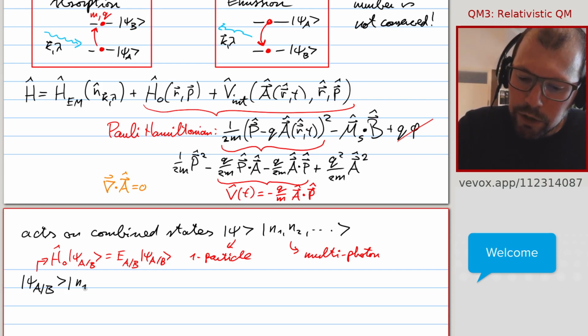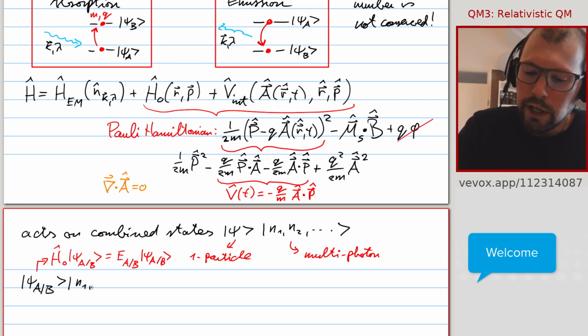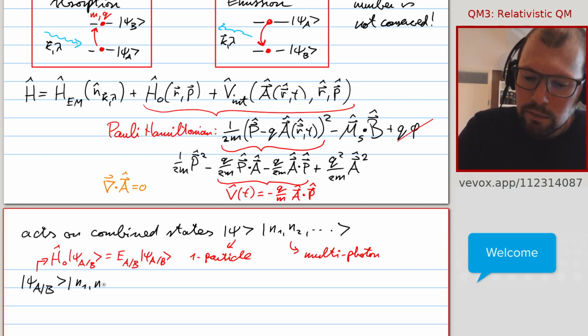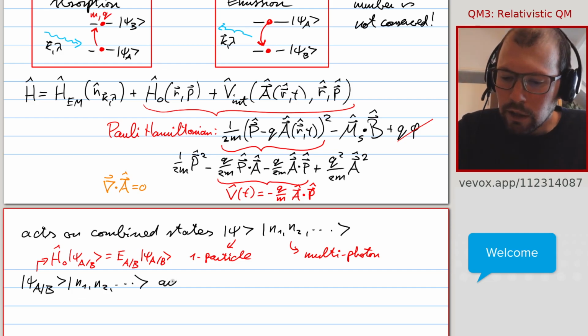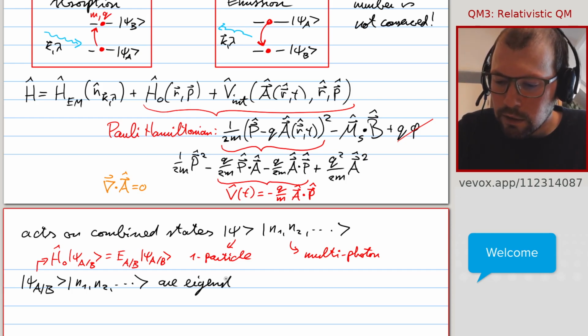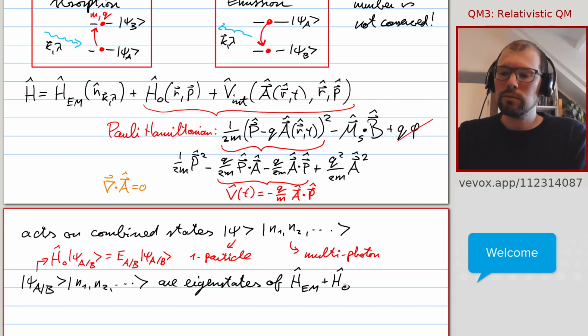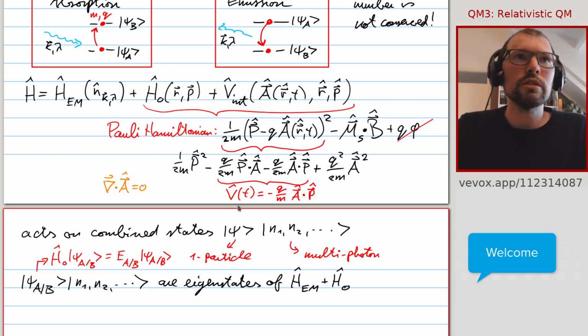And well, we know that these multi-particle states in the Fock space are also eigenstates of the electromagnetic Hamiltonian. So their combined states are eigenstates of the sum of these, so of the electromagnetic and the particle Hamiltonian. And what we want to do is view this interaction operator as a perturbation.